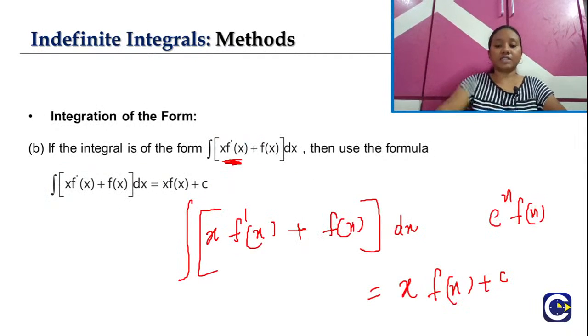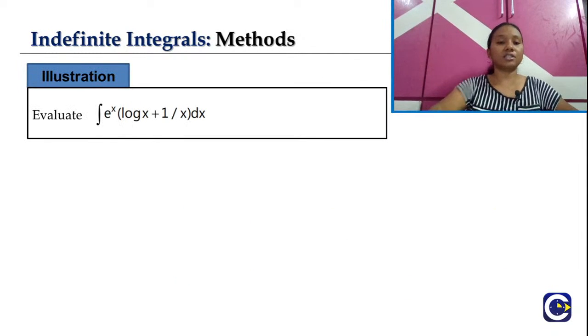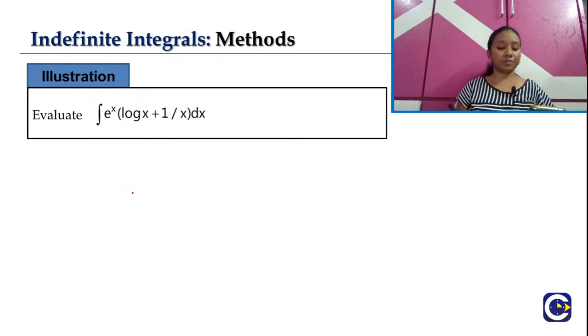But here x is for only the f dash x. So these are our two different forms of integration. Without applying integration by parts, we can directly use these results and solve our question within seconds. So let's see questions related to this. Quickly solve this question and let me know the answer.